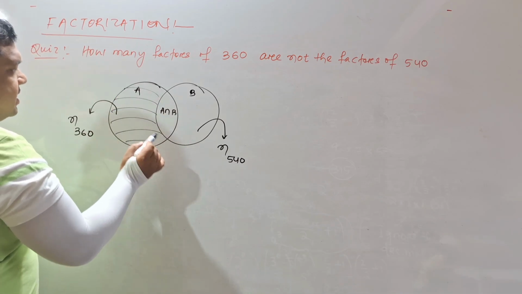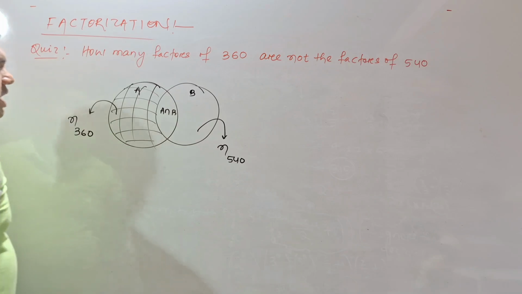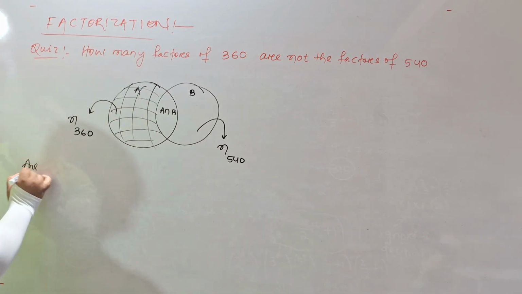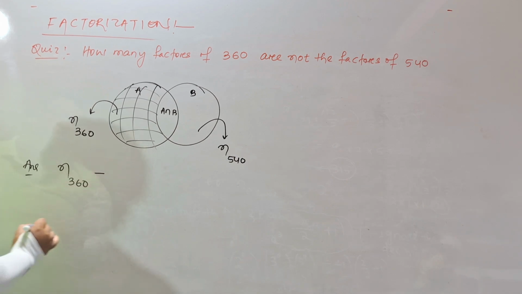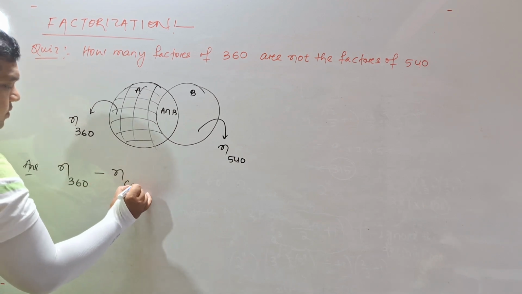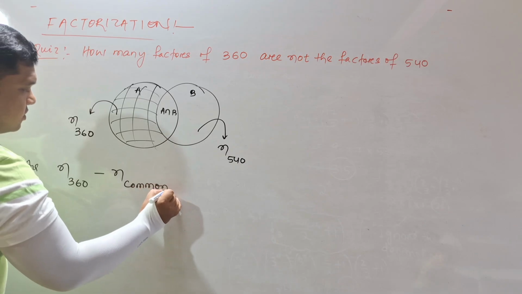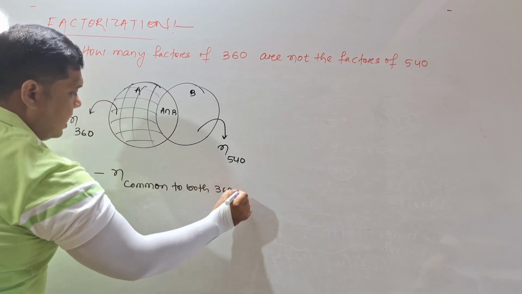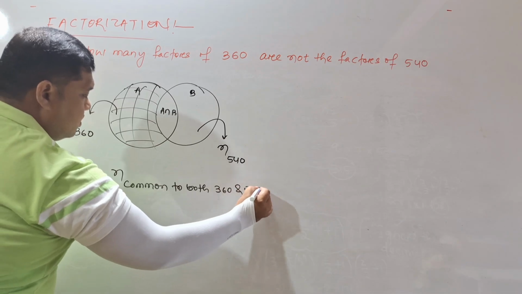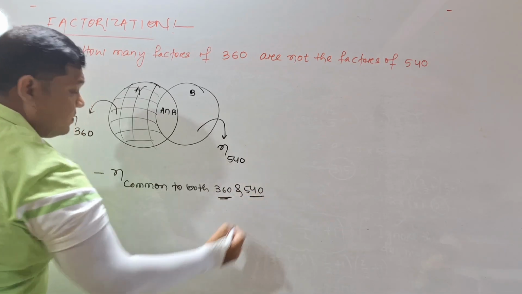Only focus on this shaded portion. This is your answer. And how to find this answer? First of all you find how many factors are there for 360 minus factors common to both 360 and 540.